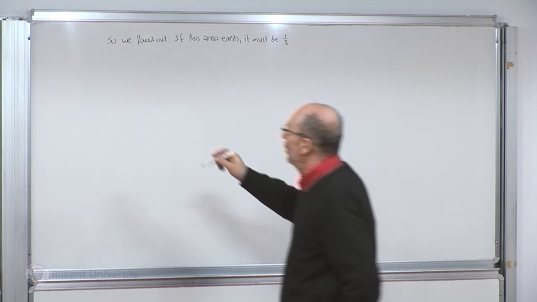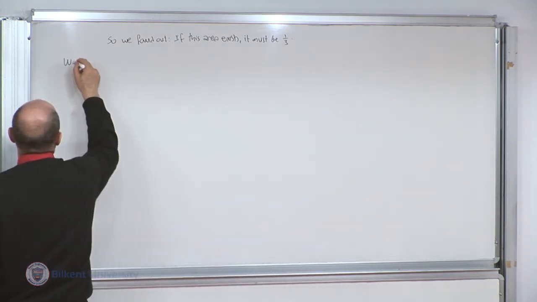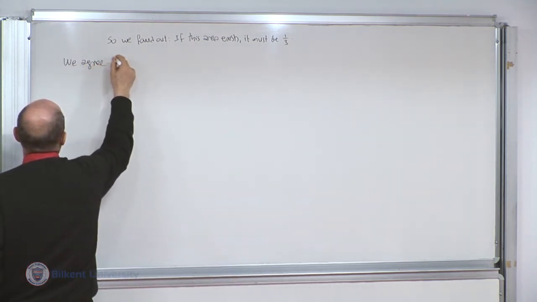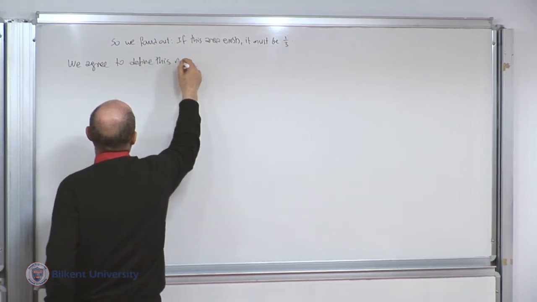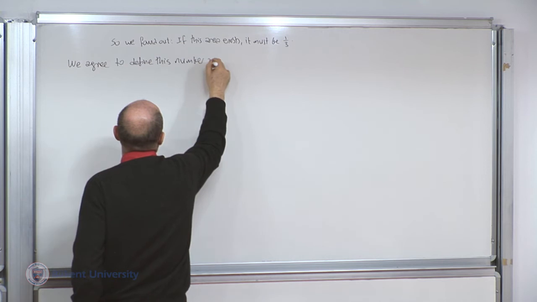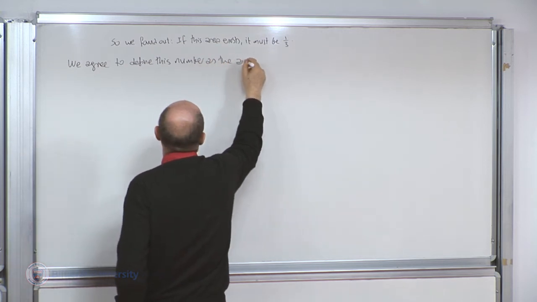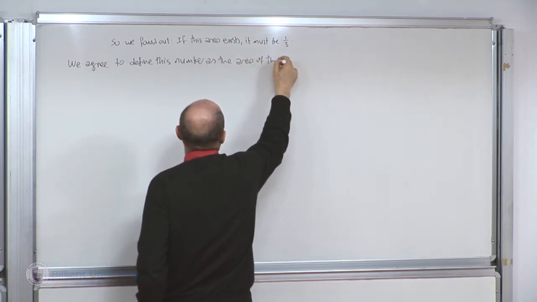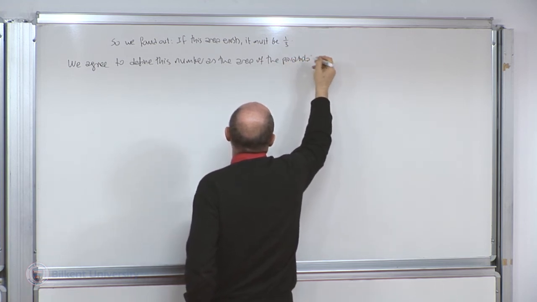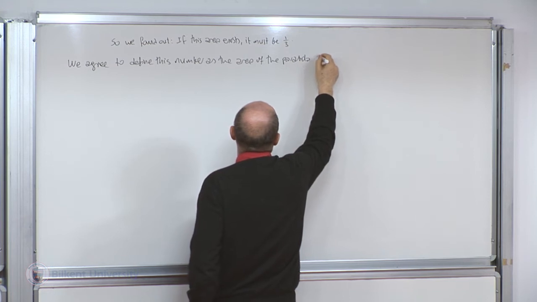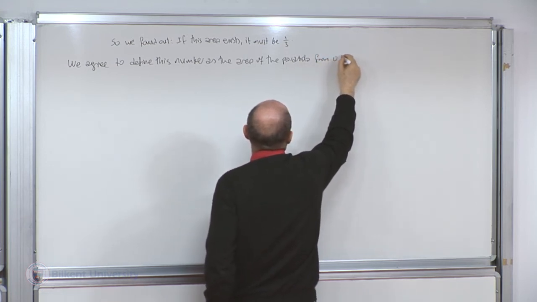Okay, so we agree to define this number as the area of the parabola, or rather the area of the parabola from 0 to 1.